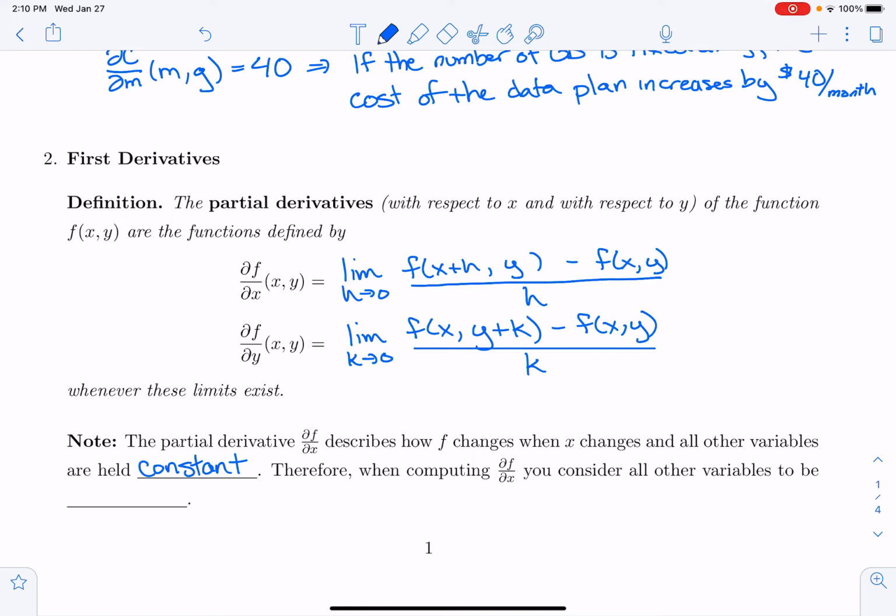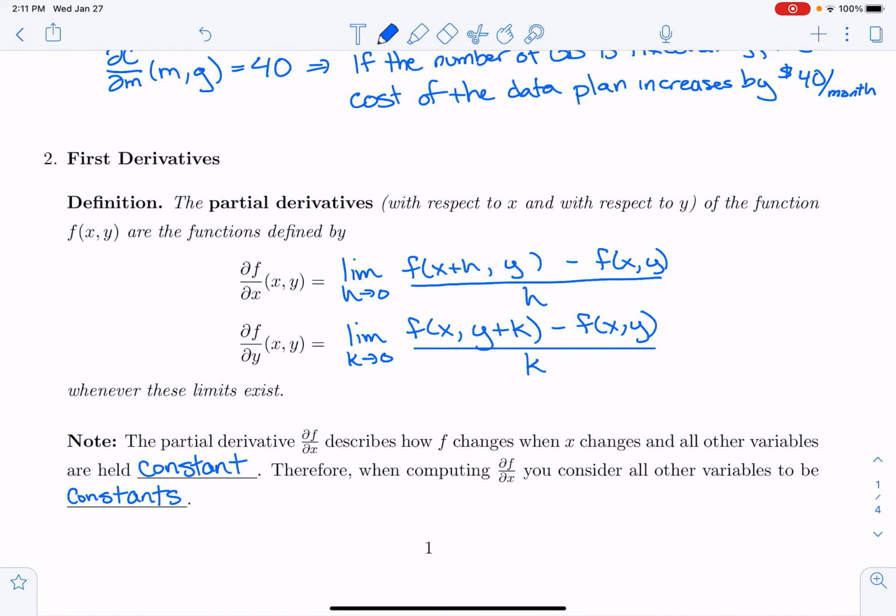So if we want to compute df/dx, then we consider all the other variables to be constants. That means that all of our derivative rules apply. We just have to know which letter is the variable and which ones are the constants.